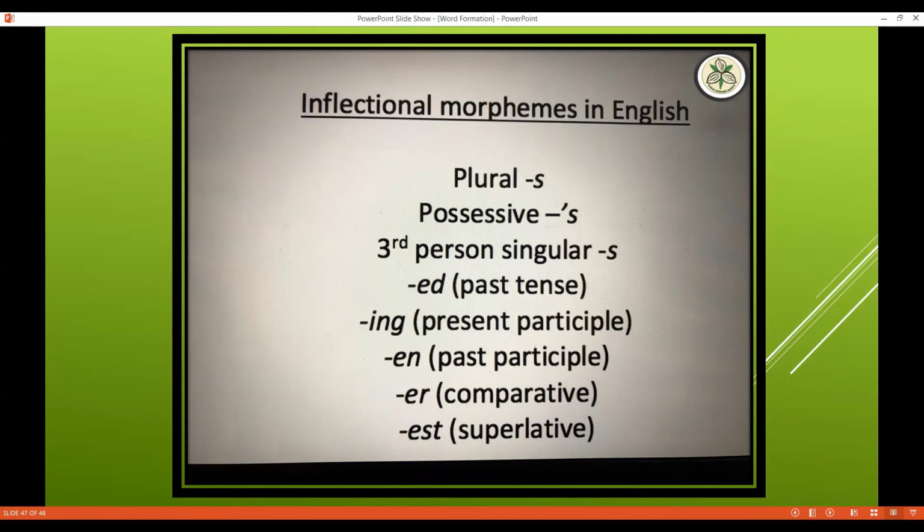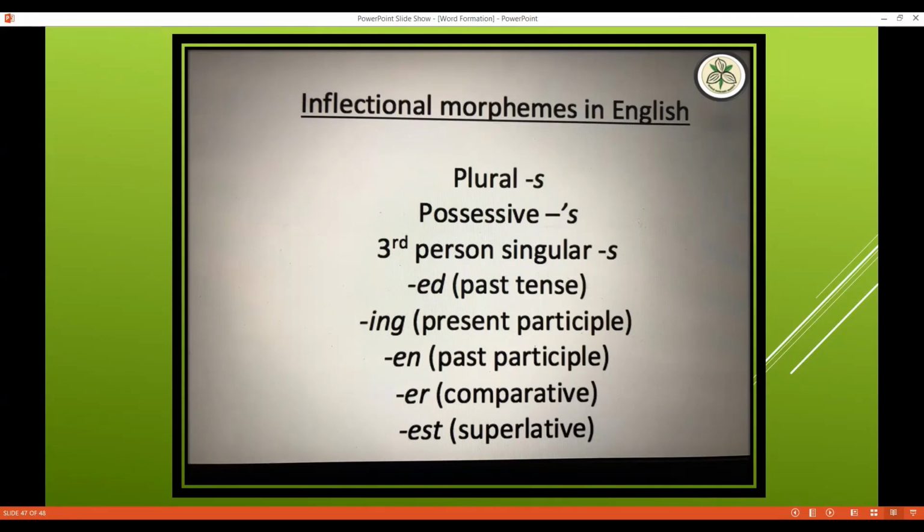We have the past tense ed. We have the suffix ing, which indicates an ongoing action. We have the en suffix, which indicates the past participle, sort of like turning broke into broken.